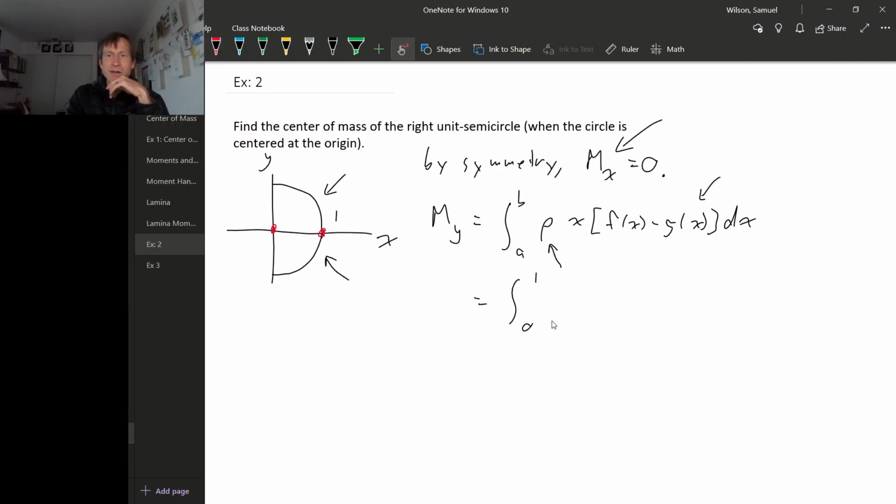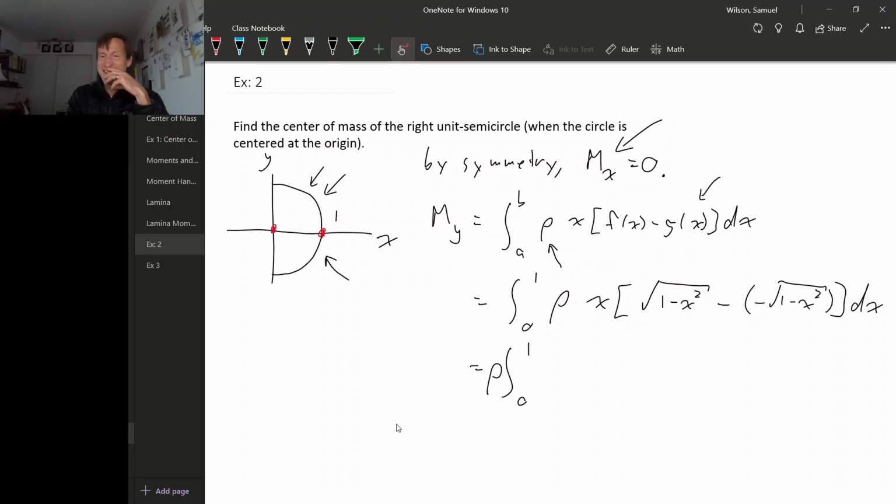So 0 to 1, rho times x times f of x, which is the top semicircle, the square root of 1 minus x squared because it's the unit circle. And g of x is the bottom semicircle, which is minus the square root of 1 minus x squared, dx. When we simplify this, we get the integral from 0 to 1. We might as well move this rho outside while we're at it. Integral of x times 2 times the square root of 1 minus x squared dx.